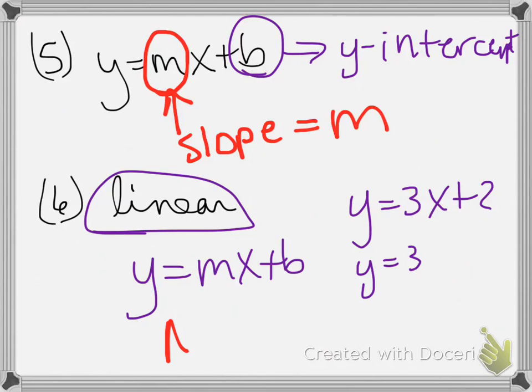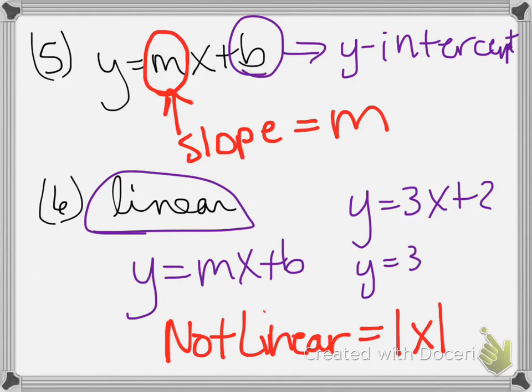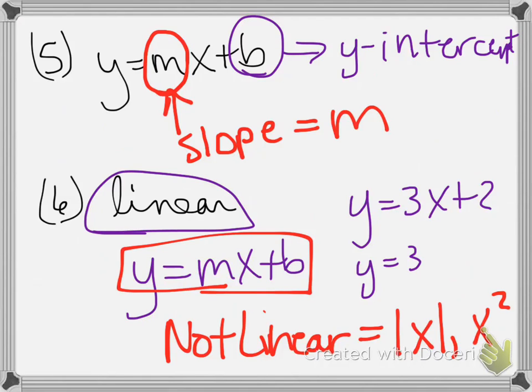But something that's not linear would be absolute value, or x squared, or any other way of x being changed from y equals mx plus b.